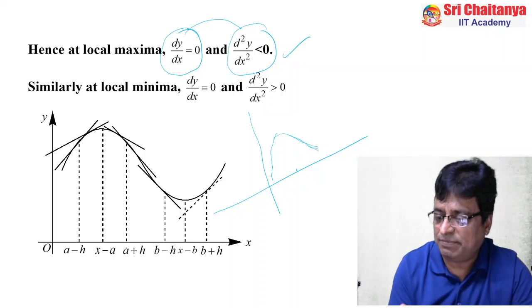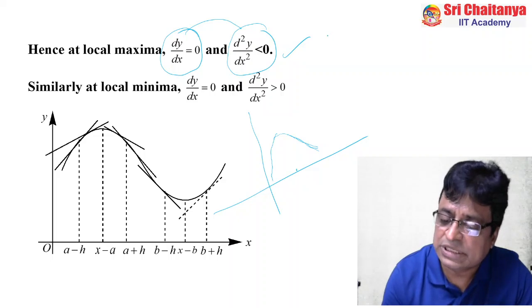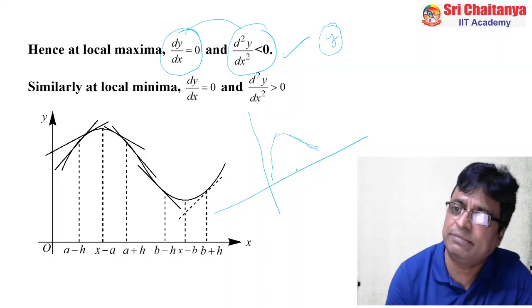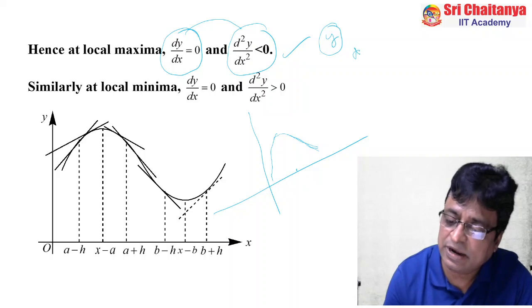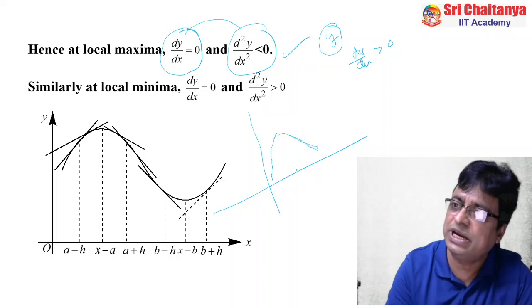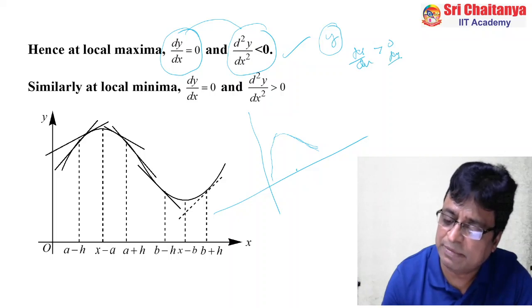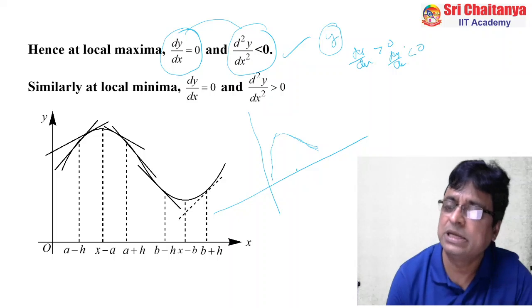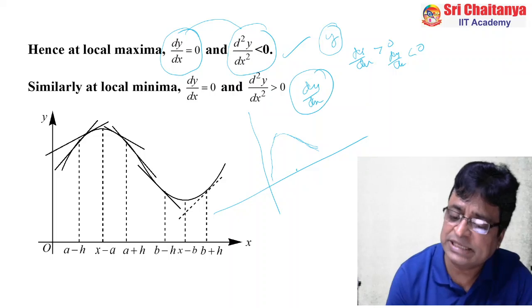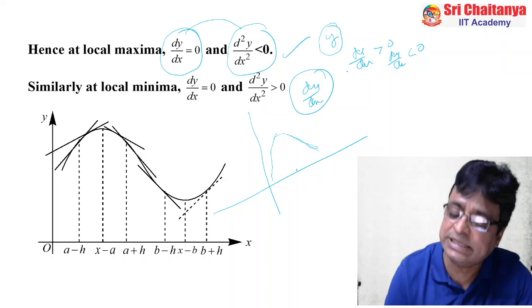Again I am stressing, please don't get any confusion. Suppose y is my function. When can I say y is increasing? When dy by dx is greater than 0. When can I say y is decreasing? When dy by dx is less than 0. Suppose dy by dx is my function. When can I say dy by dx is increasing?